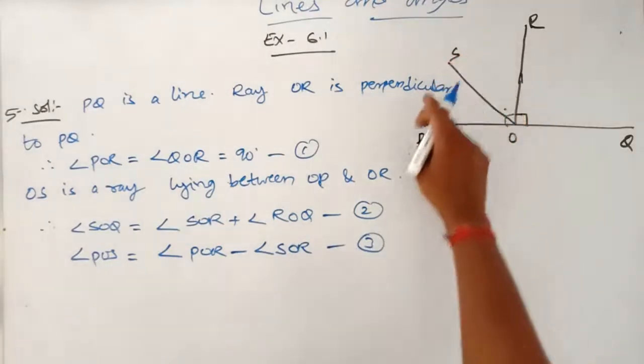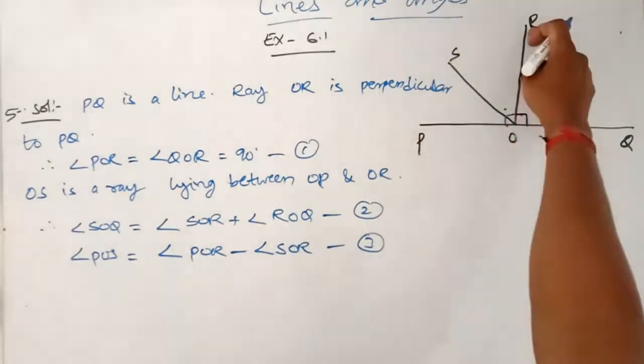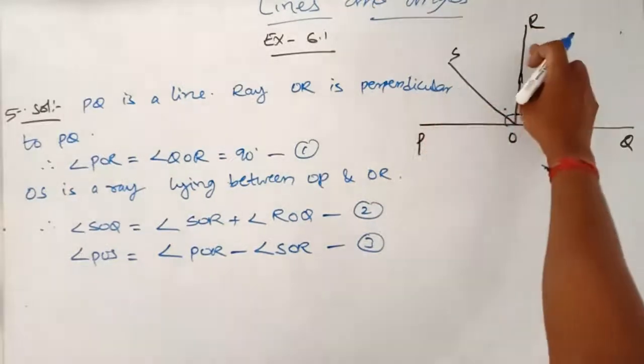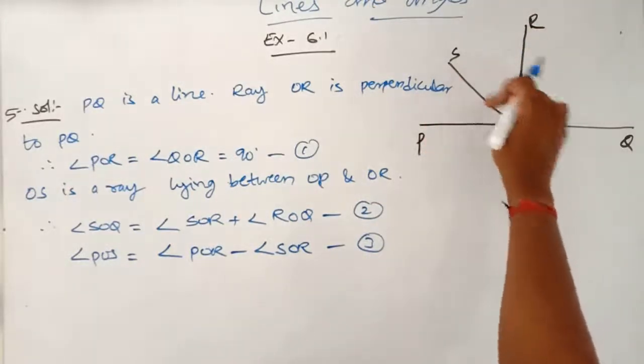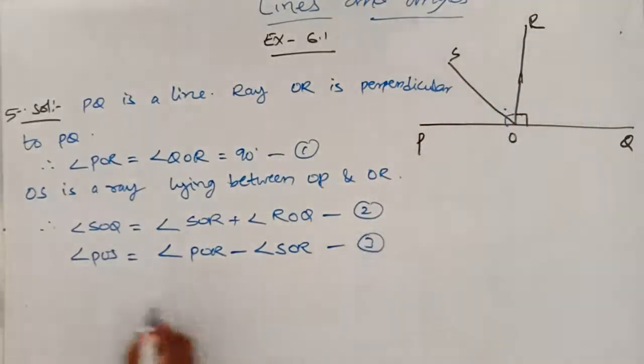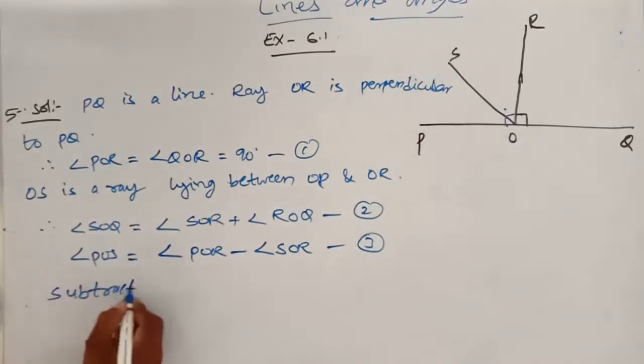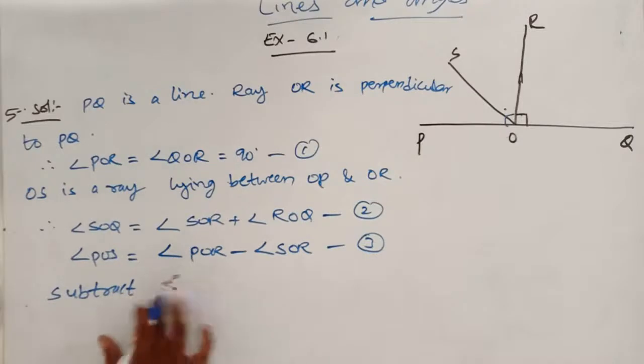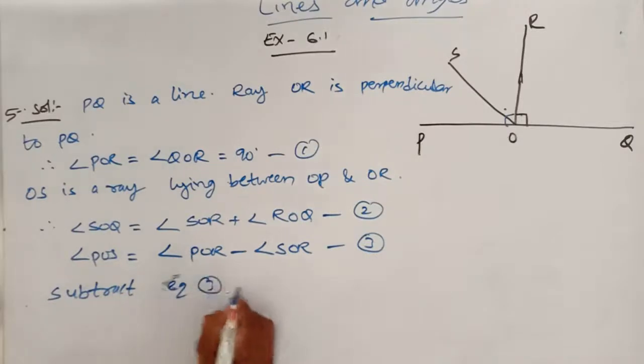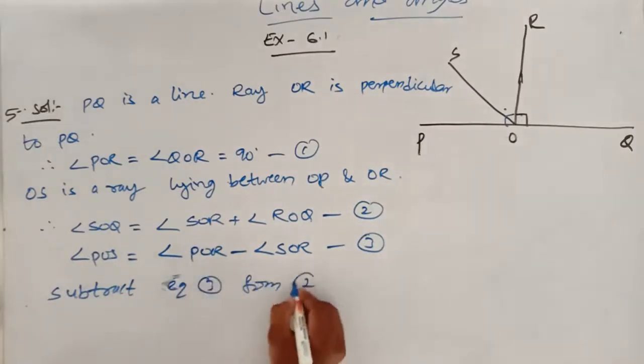POS is equal to angle POR, from this total angle of 90 degrees I am subtracting angle SOR. Now subtract equation 3 from 2.